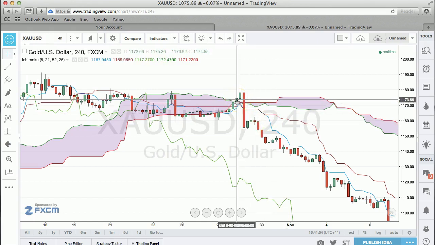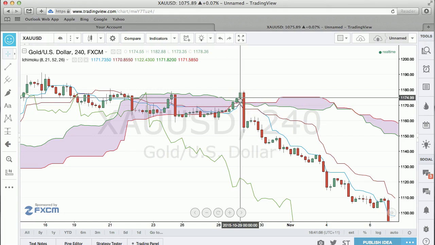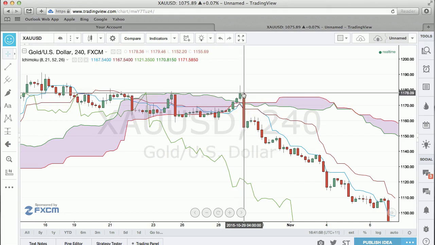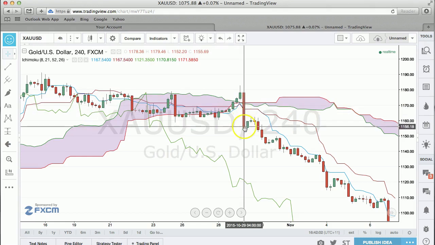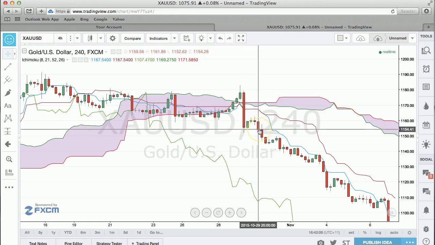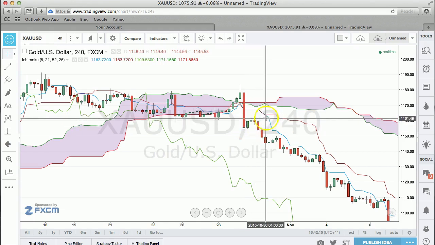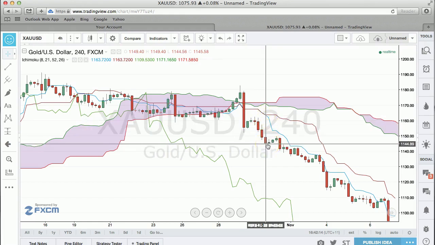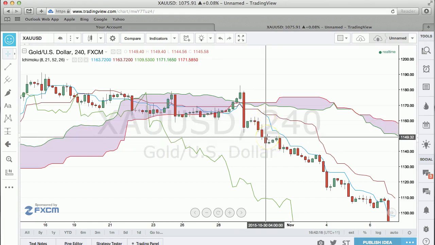Price actually broke and closed above the cloud, and on the next candle reversed and closed below the cloud. So you won't actually have confirmation until right about here, which would be about here, that's the second confirmation you needed.